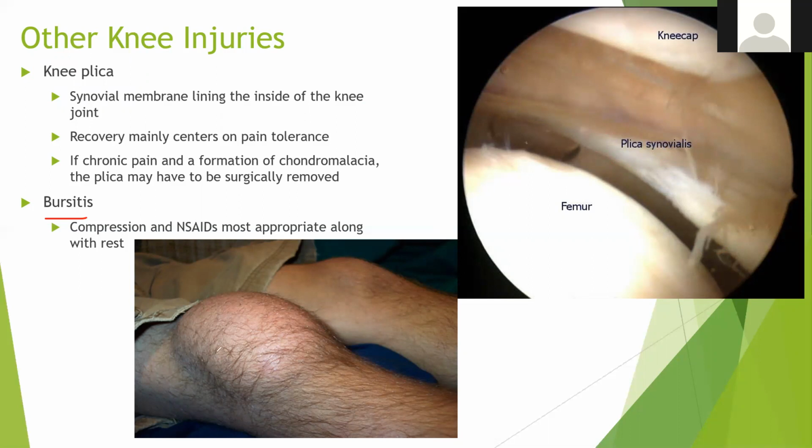Those are a lubricating and insulating type feature, almost similar to a cartilage pad, but within the joint itself. If you get inflammation there, it is very painful to move the joint, but usually nothing bad happens as long as you use compression and non-steroid anti-inflammatory drugs, so NSAIDs.